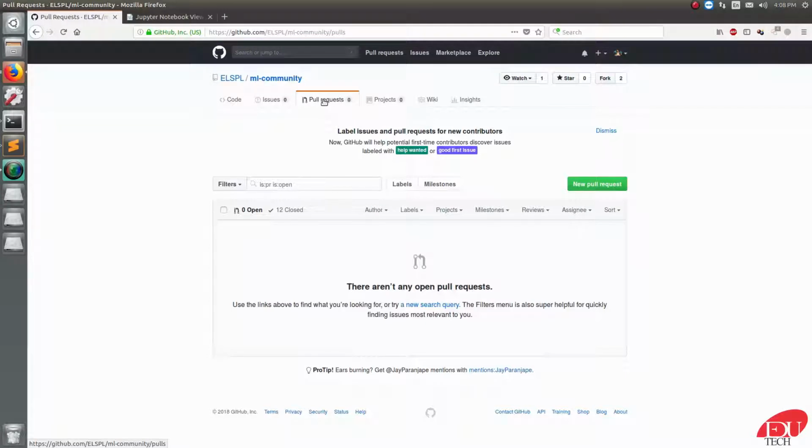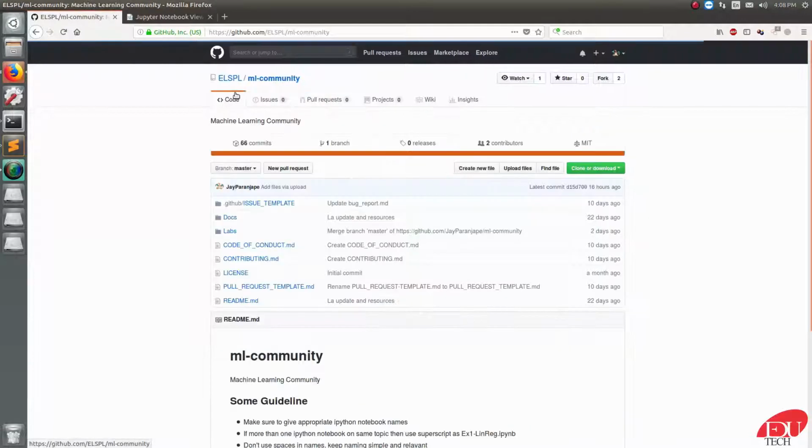You can make a pull request and we'll merge it. And before contributing, just make sure to go through the code of conduct and the contributing document. It will help you as well as me to maintain uniformity of the repository.